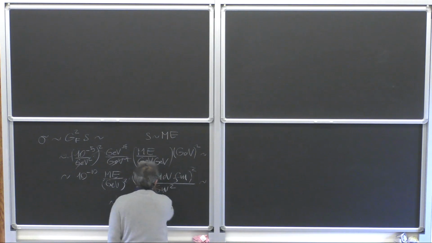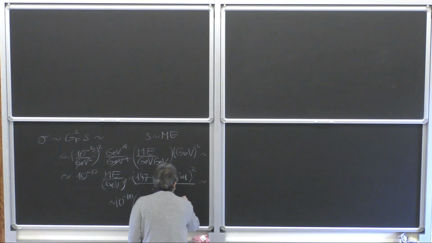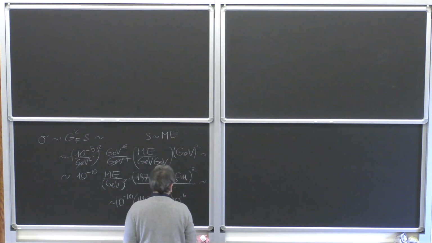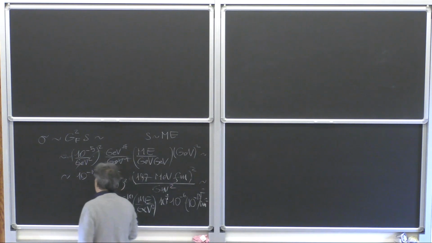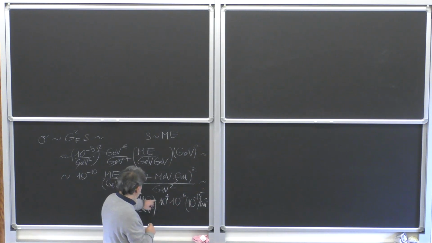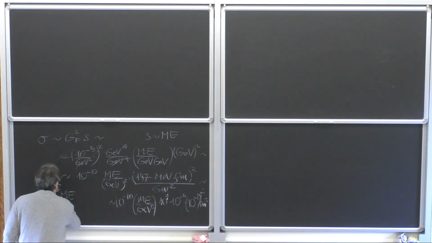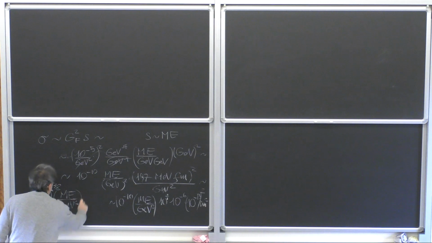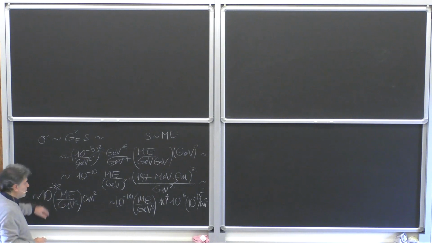This is 10 to the fourth, let's say. Then we have here 10 to the minus 6, and Fermi is 10 to the minus 13 centimeters squared, and so we get 10 to the minus 38 centimeters squared, the factor that yesterday I wrote on the blackboard.